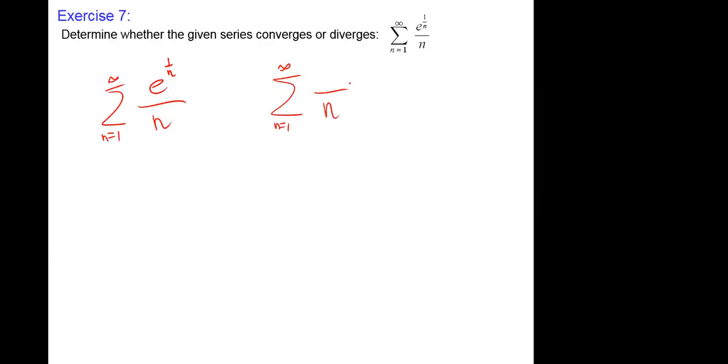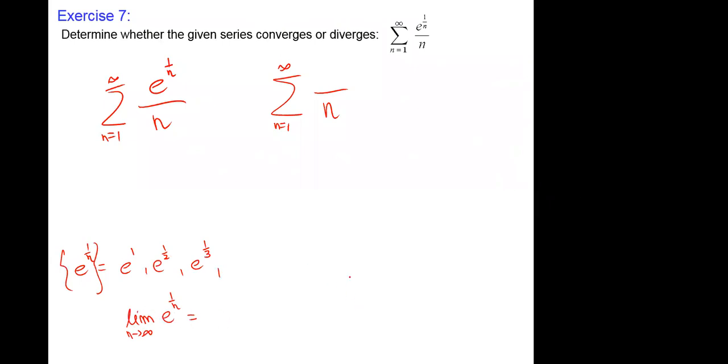How does e to the power of 1/n behave as a sequence? This is e to the power of 1, e to the power of 1/2, e to the power of 1/3, which is getting smaller and smaller, right? That means how this sequence behaves at infinity.